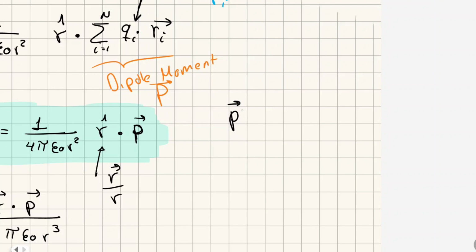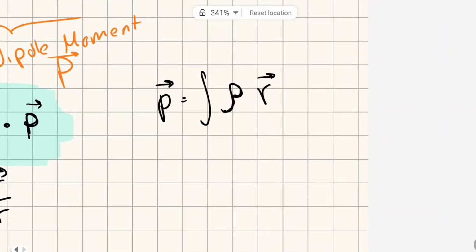The dipole moment is defined as the integral of the volume charge density times the vector r, remember that this vector is pointing to the charge distribution that generates the electric potential, that is important. And this is just the density of the charge distribution. We are going to integrate over a volume.